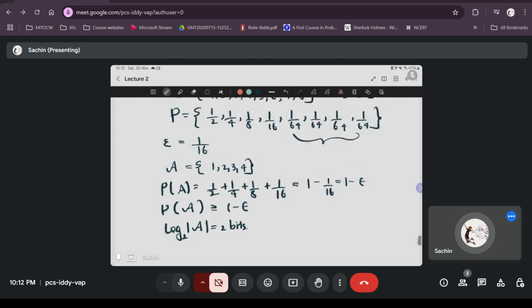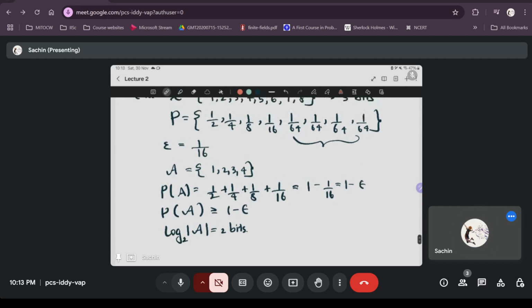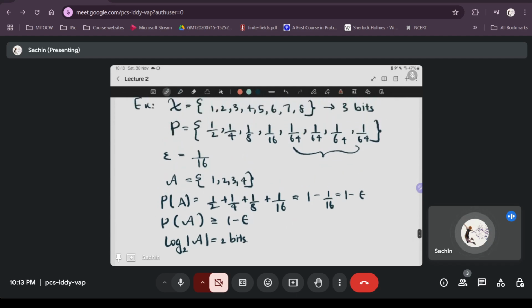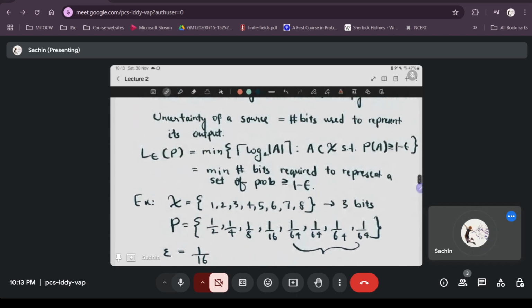Now you do this for all sets which have a probability greater than your threshold and find out which of those sets needs the least number of bits to represent, and that will be your L epsilon of P. But this doesn't give you a nice expression for what your L epsilon of P is.